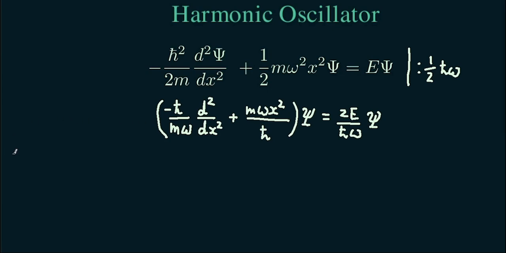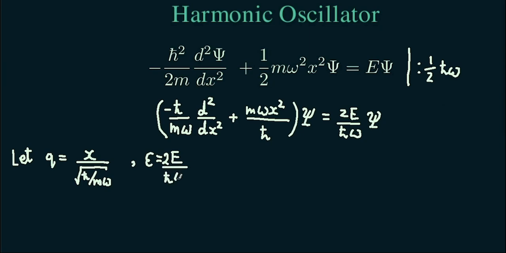Now let's introduce a few new quantities over here. Let's introduce a q, which is equal to x over the square root of h bar over m omega, and we'll introduce an epsilon, which is equal to E over h bar omega.